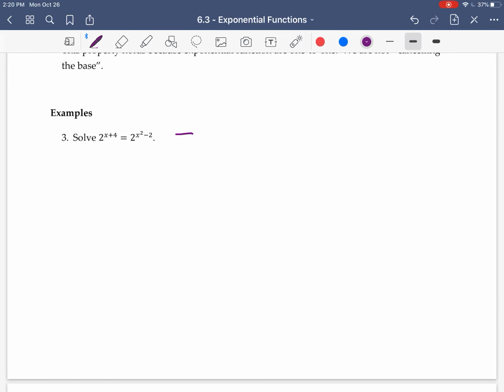So since the bases are both 2, then we can conclude that the exponents have to be equal. So then this is true when x plus 4 equals x squared minus 2. Okay, so now I just want to solve this, and this we know how to solve. This is a quadratic, so let's move everything to the right.